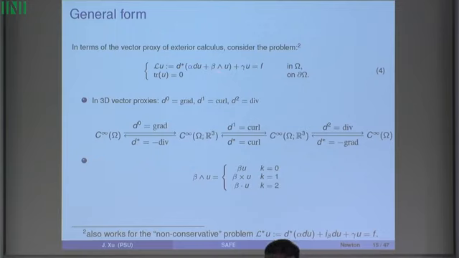I don't even know if I'm allowed to call this convection diffusion for curl and divergence, but let's call it that way. You have this exact sequence, then you have the wedge things, the vector proxy of this, which is the model problem we're going to work on.